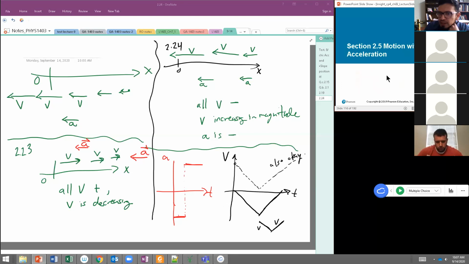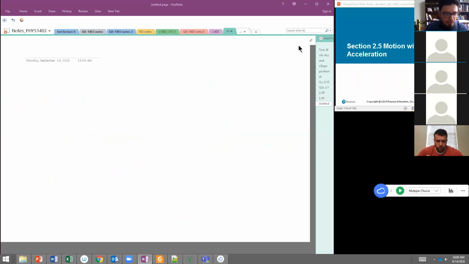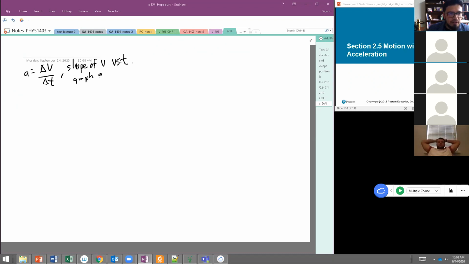So we've kind of gone through the whole process of conceptually thinking about the relationship between velocity and acceleration. Some of the key concepts here with acceleration are that the slope of a velocity versus time graph gives acceleration.